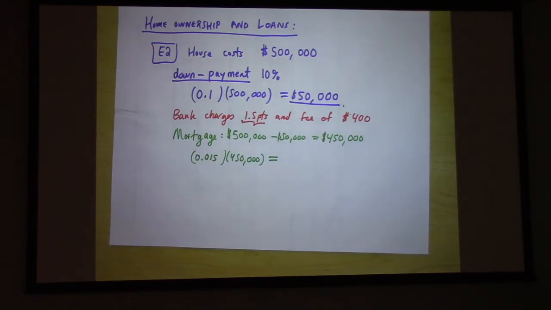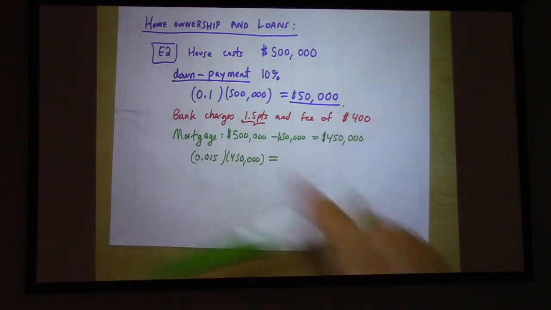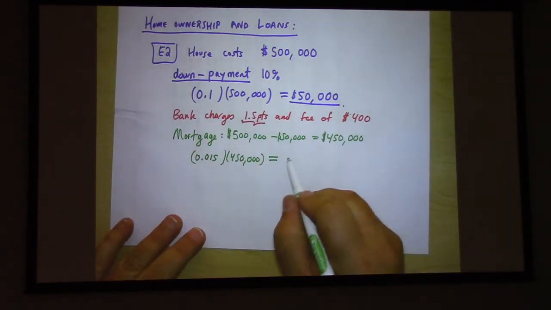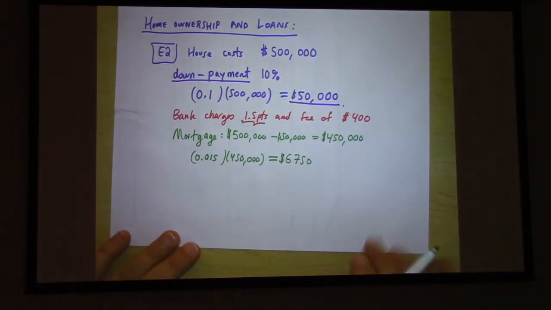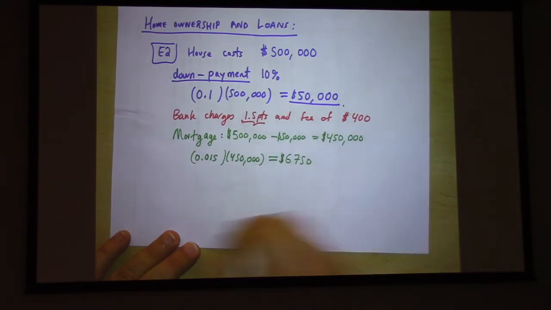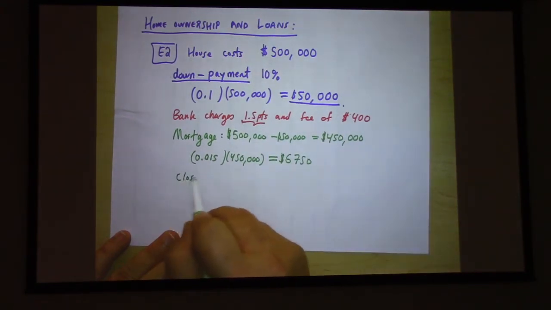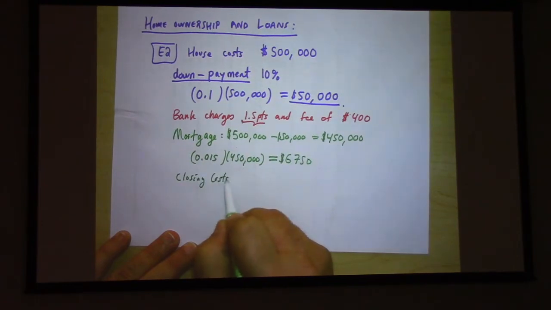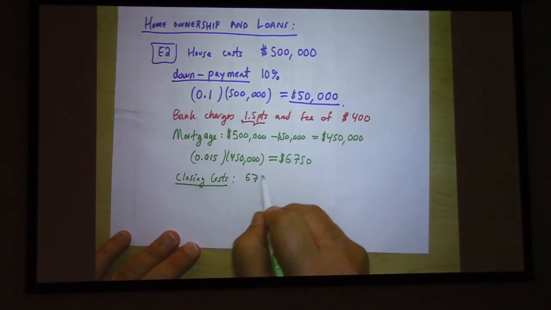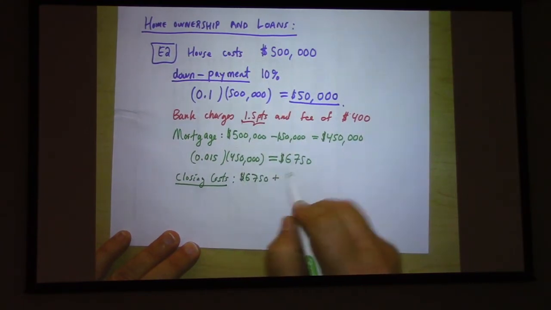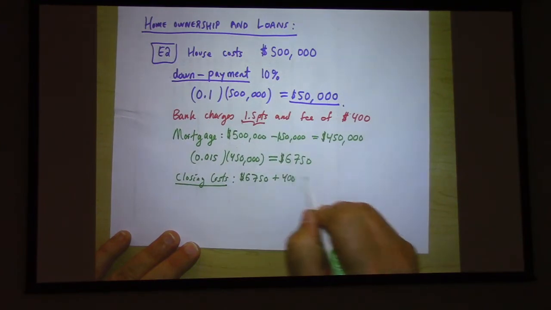I've grown tired of Wolfram Alpha. So 0.015 times 450,000. Ouch. $6,750. And then, what else? Plus the $400. So for the closing cost, we have 6,750 from the points, plus the $400 of fees, and that is what?